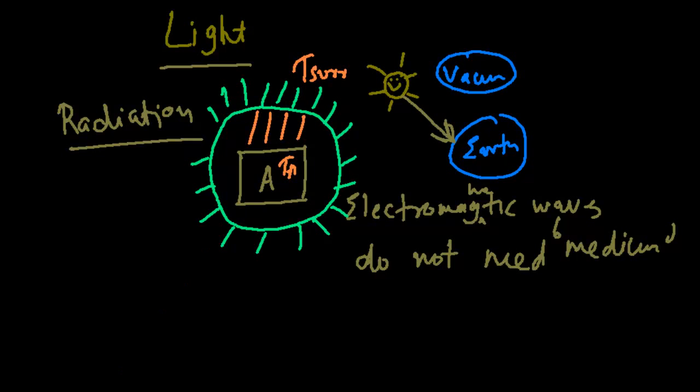Then also heat transfer can easily take place with the help of radiation, and it will start radiating heat into the surrounding area until the temperature of the surrounding area becomes equal to the temperature of this body. And this is how the radiation mode works.